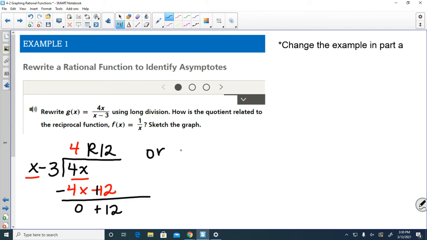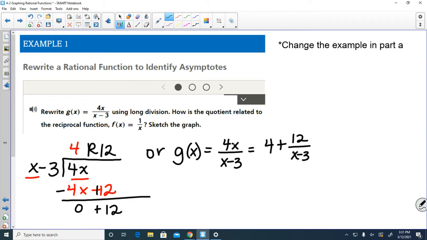Or I can rewrite it as, 4x divided by x minus 3 is the same as 4 plus my remainder 12 over the x minus 3.